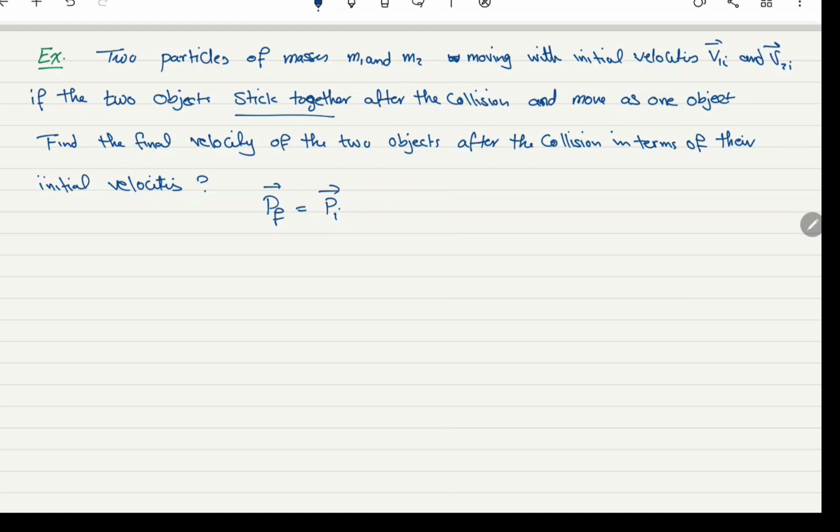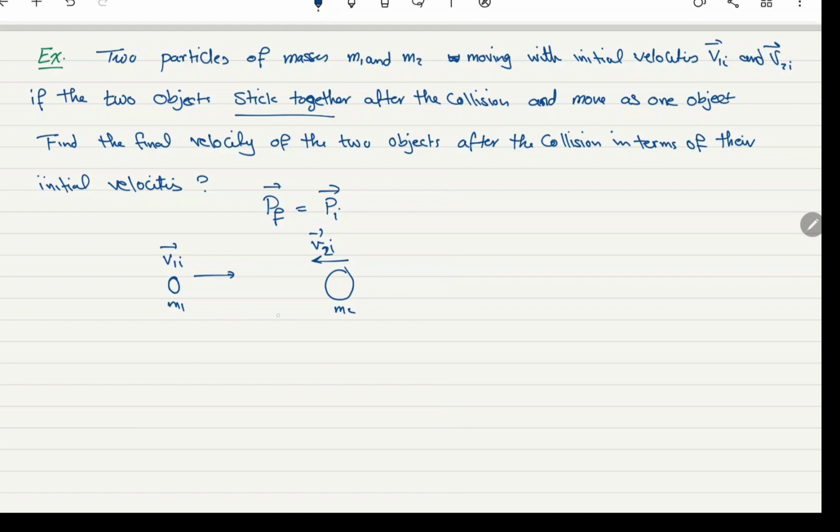Now let's have here m1 and here m2, with velocities v1 initial and v2 initial, this one here directed this way.